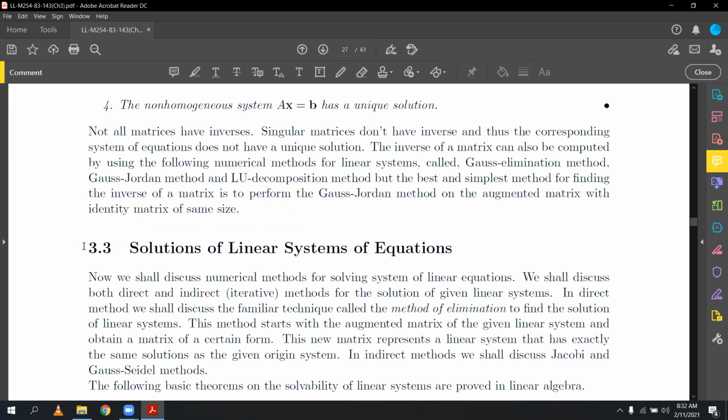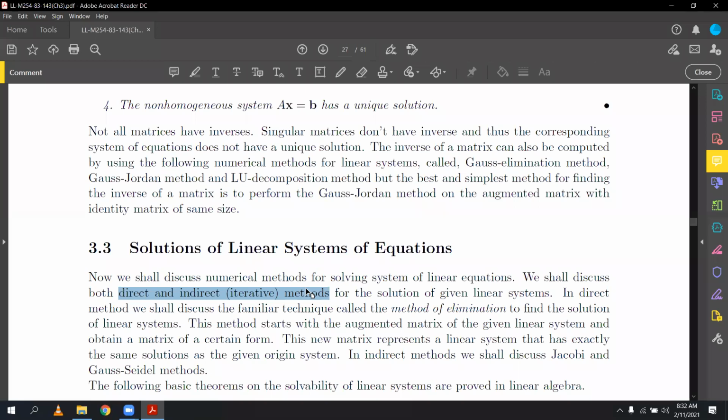Now we have all the basic ideas, and we approach the numerical methods. You remember I told you we have two types of numerical method, direct and indirect. In chapter 2 we used only the indirect method, but in this chapter we use both the indirect and the direct method.